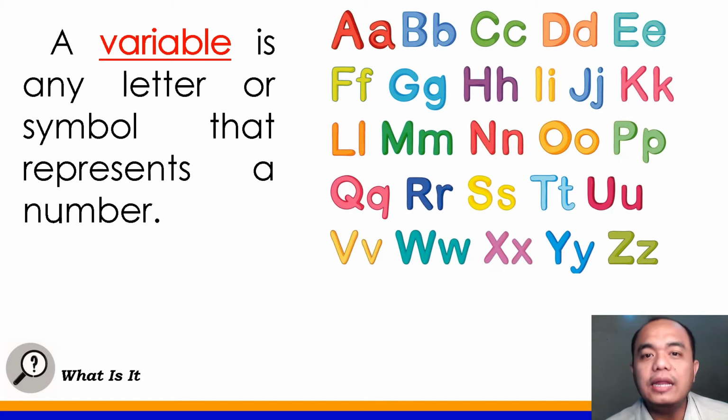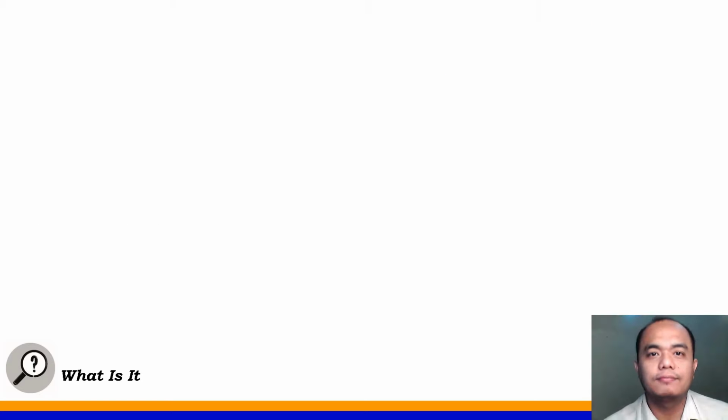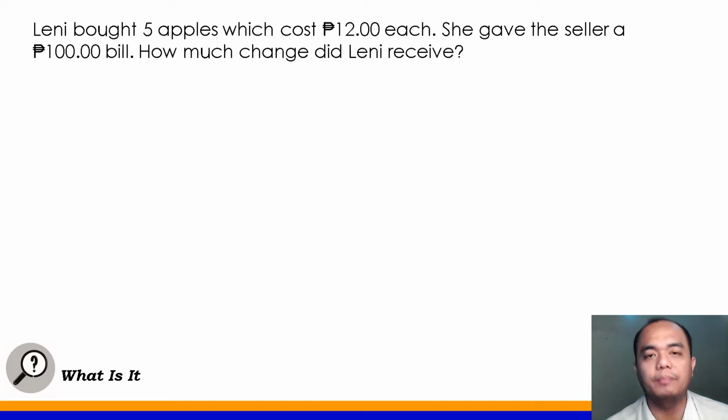So, pwede nating gamitin any of the letters in the alphabet from letter A to letter Z. Okay, before, we often use N, X, Y. But, variables can be any of these letters. Pwede nating gamitin alinman sa mga letters sa ating alphabets. Naintindihan? Very good. Okay, let us now solve this problem.